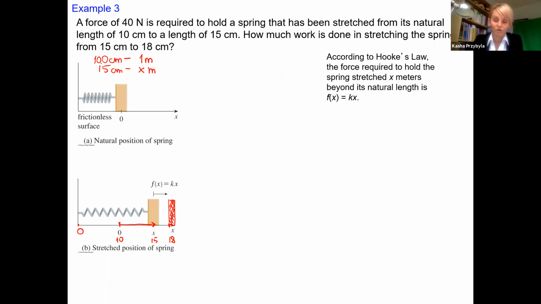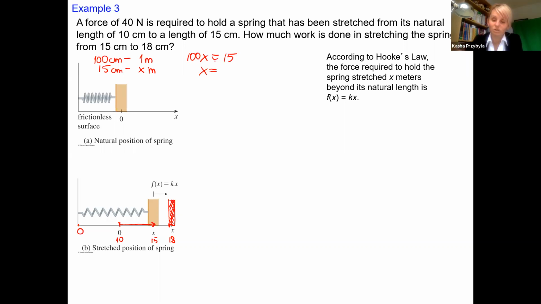You can remember that 100 centimeters is 1 meter, 15 centimeters is x meters, we don't know. And then we can cross multiply. X times 100 equals 1 times 15.